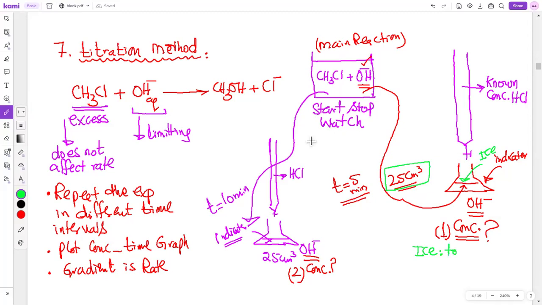Like in the main beaker, the reaction is carried on, but I would like the reaction between OH and CH3Cl to stop here because I have fixed the time. Look, I said the time is 5 minutes, then the OH should not react with CH3Cl. For that, I will add ice to stop the reaction between halogenoalkane and OH.